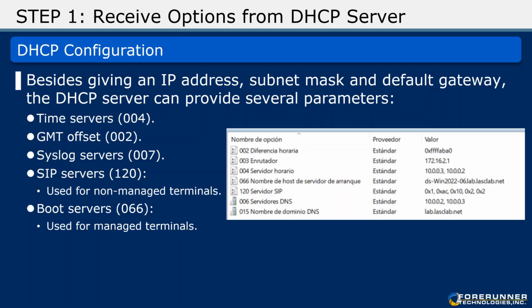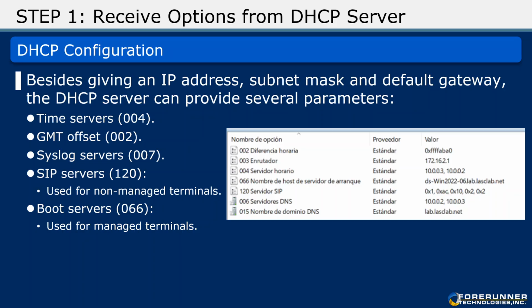In case of non-managed terminals, I mentioned that we need to go to the local administration and enter the SIP registrar there. Well, we can let the terminal get its information from the DHCP option using option 120, which is called SIP servers. There is a specific syntax that we need to follow for the SIP server, so you can check the internet on how it is.